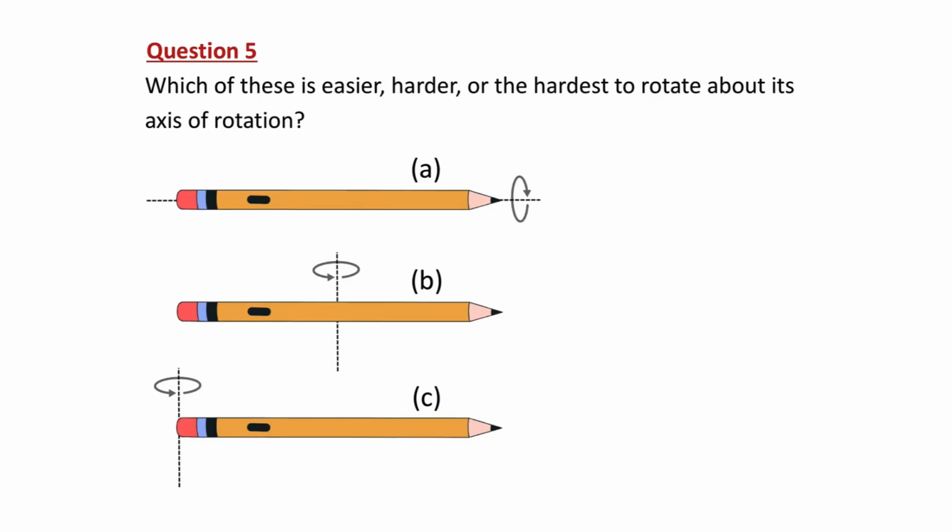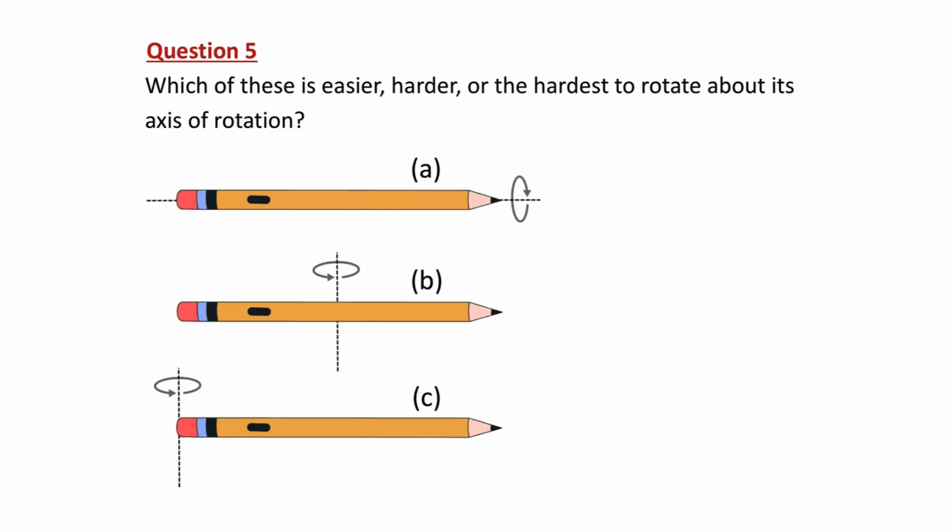Question 5. Which of these is easier, harder, or hardest to rotate about its axis of rotation? We have a pencil rotating in A around an axis which is along the length of the pencil. In B, the axis of rotation is perpendicular to the pencil, and in C, the axis is at one end of the pencil. To answer this, pay attention to mass distribution.